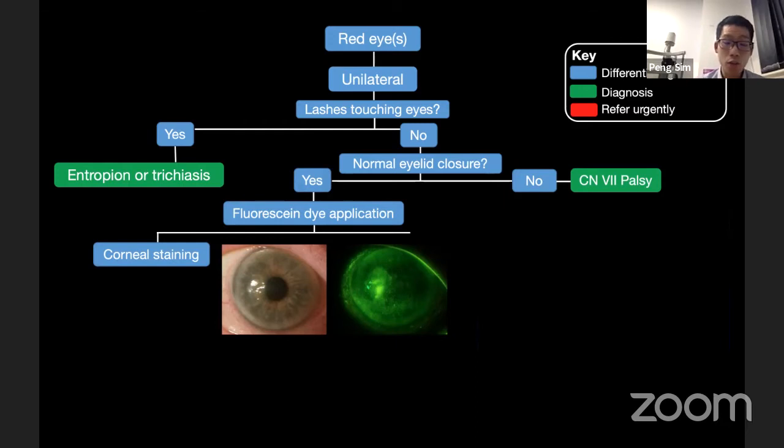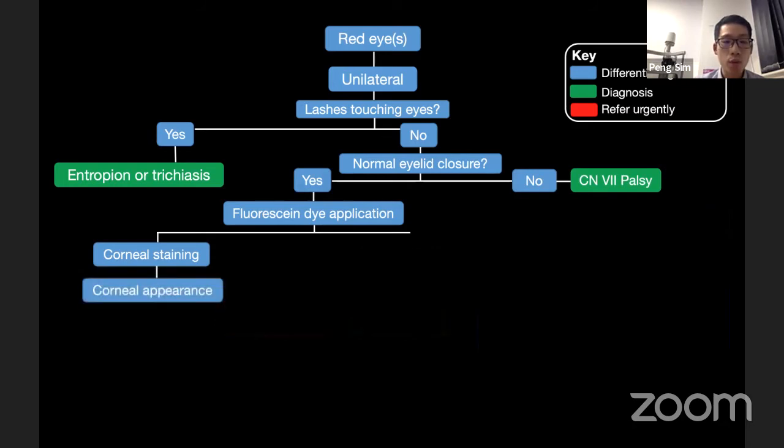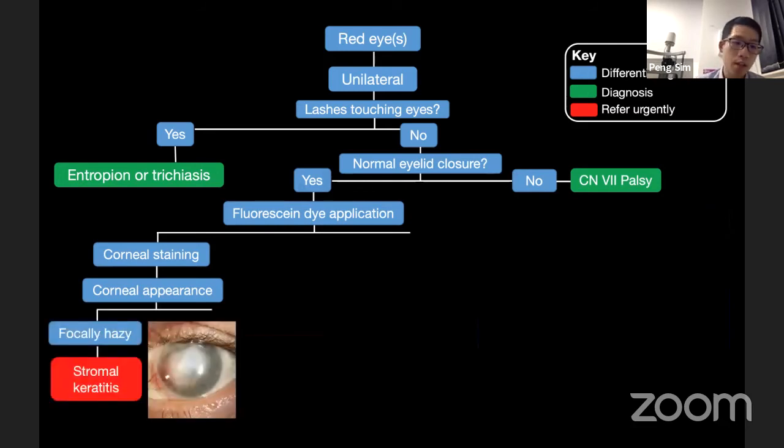If it looks grossly opaque, then that indicates a more serious corneal issue, which would warrant urgent referral to ophthalmology. In this case, you can't even see the iris behind the cornea.